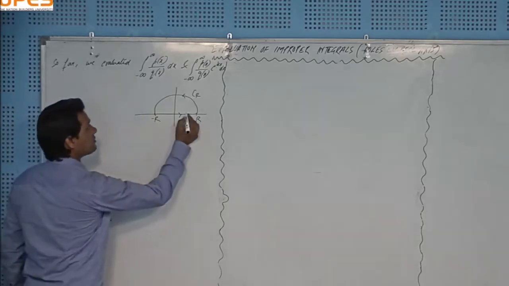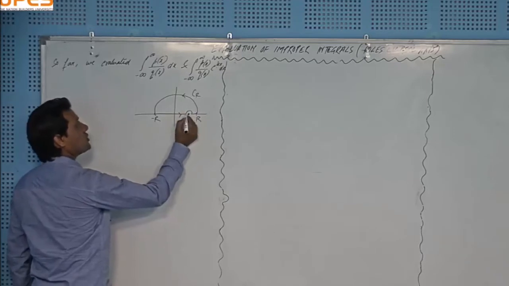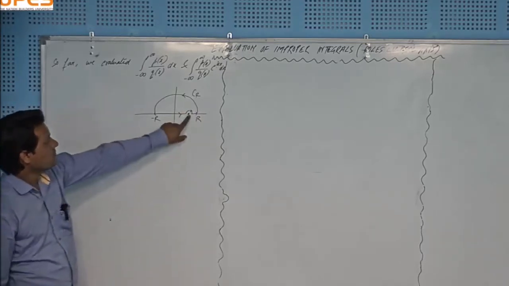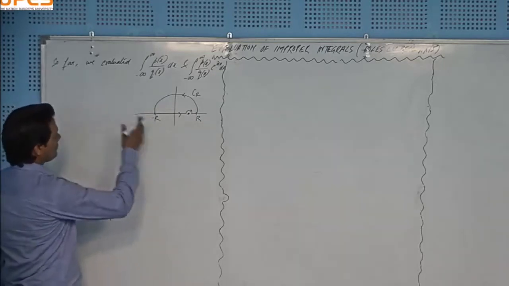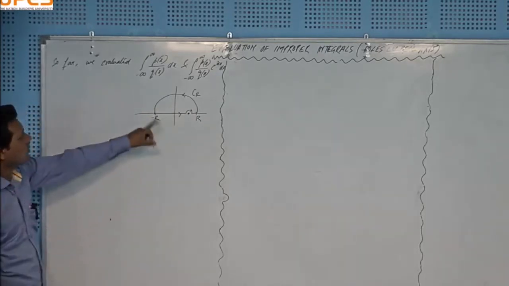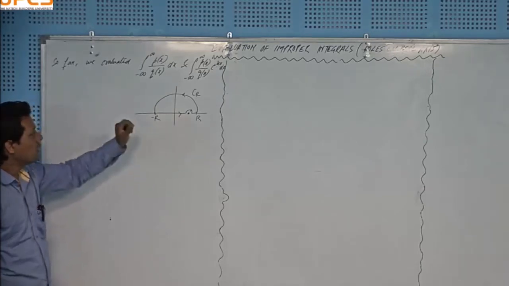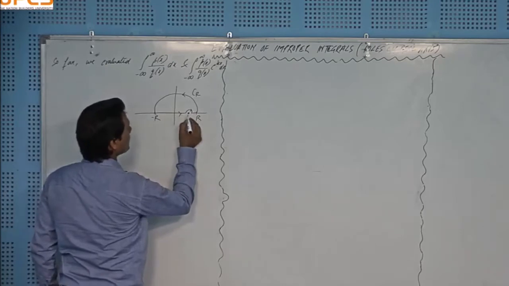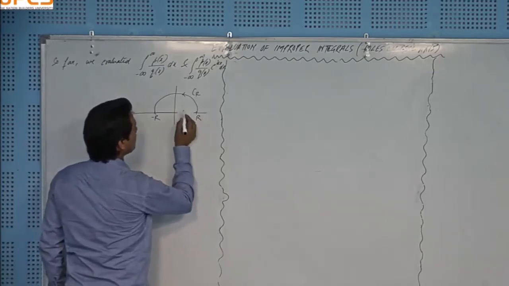You have to make a small jump here, like this, right? So this will create a small semicircle here at this point, and it should be as small as you please, meaning the radius should be very, very small, right? So I will draw the contour. This is the specially designed contour when there is one pole, I will name it z equal to k. I should make it big so that you can visualize it.